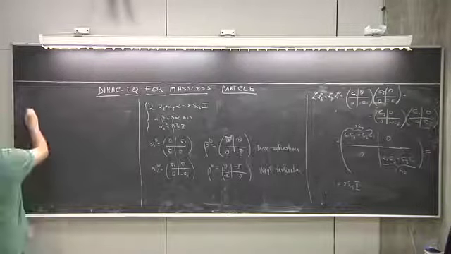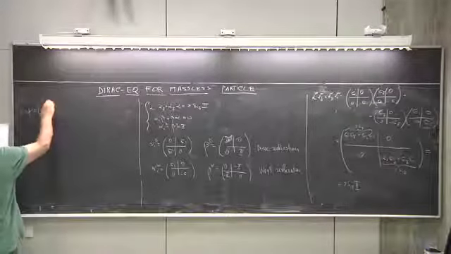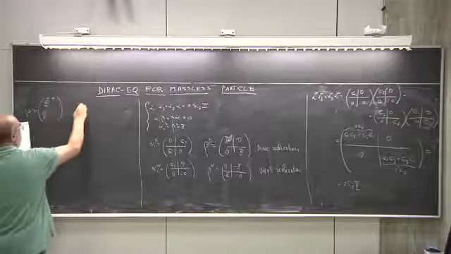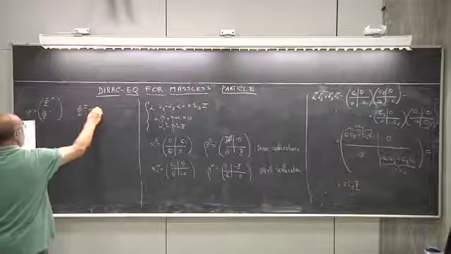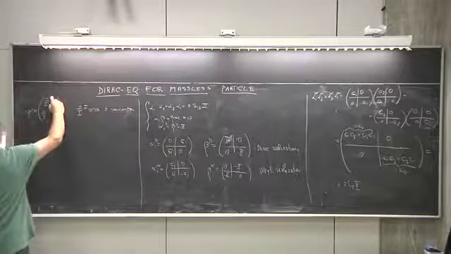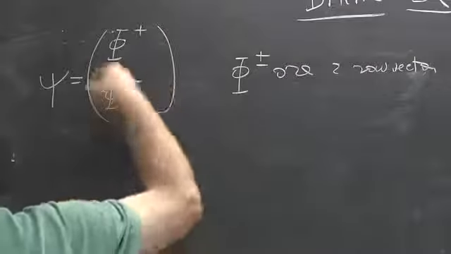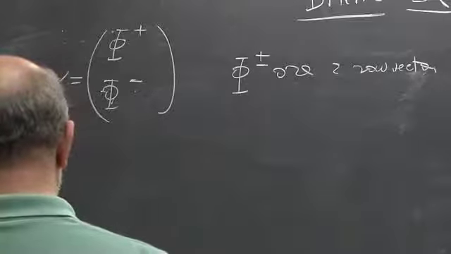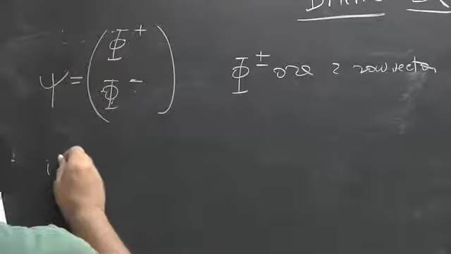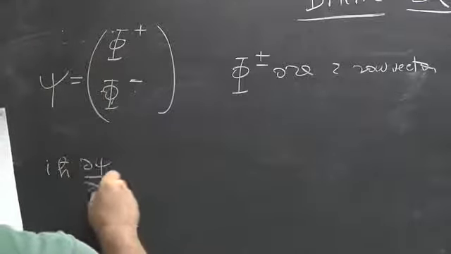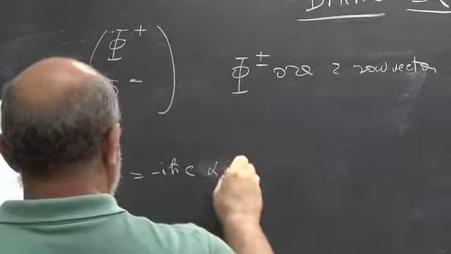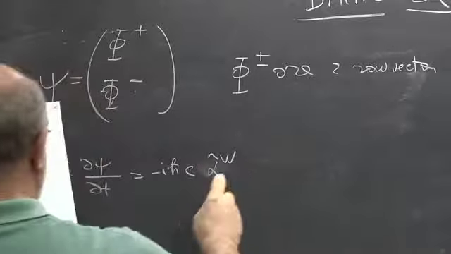Then let me write the 4-component wave function as 2 by 2, phi plus and phi minus, where each of them, phi plus and phi minus, is a 2-component vector. So this is a 2 vector, this is another 2 vector, altogether a 4 vector. Then let's write again the Dirac equation, but let's use the Weyl realization of the alpha matrices.